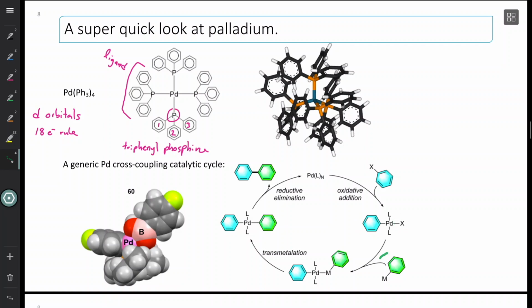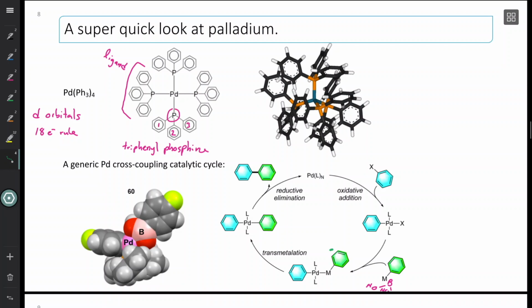Then your second benzene ring comes on. If this is a Suzuki, this would be the boronic acid. But there are quite a few other cross-coupling reactions that use different groups. We're just looking at the Suzuki for now.